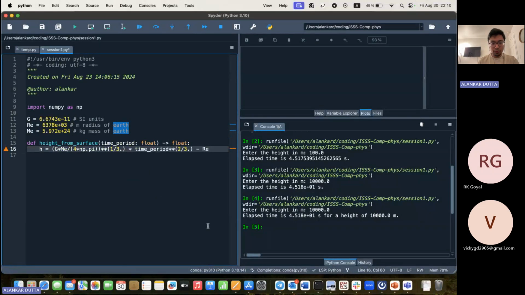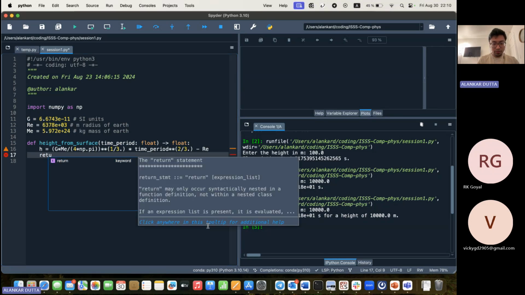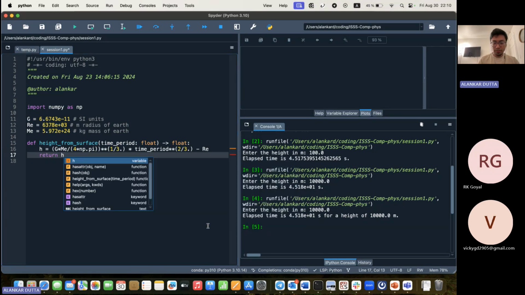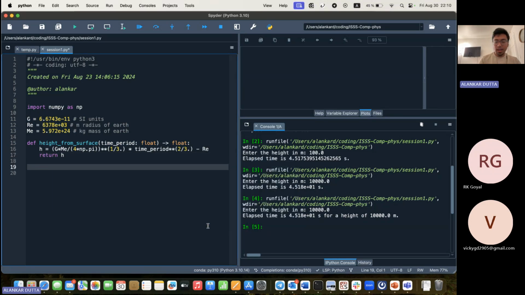Okay. So now we are going to just return H. So this is just going to return the height. And now this is just like the previous problem where we have used the same thing.